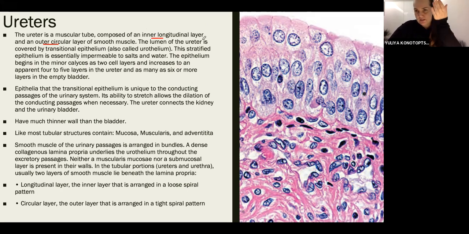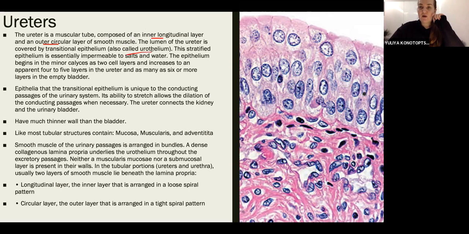But now that's the big difference for you, that in the urinary system, the arrangement of the muscles is the opposite way, right? So if you compare muscle layers in the GI and in the urinary system, you will see that it's the opposite. So in the ureters, it's inner longitudinal and outer circular layers. In the GI, it's inner circular and outer longitudinal layers.